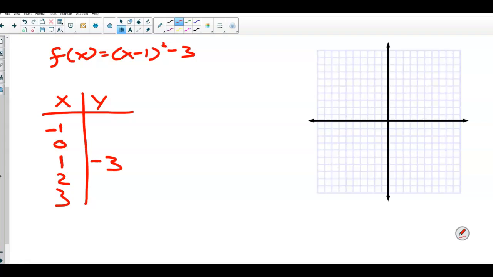If I plug 0 in for x, 0 minus 1 is negative 1. Negative 1 squared is a positive 1. 1 minus 3 is negative 2. 3 minus 1 is 2. 2 squared is 4. 4 minus 3 is 1. So 1, negative 3. 0, negative 2. 1, negative 2. 3, 1, negative 1, 1.